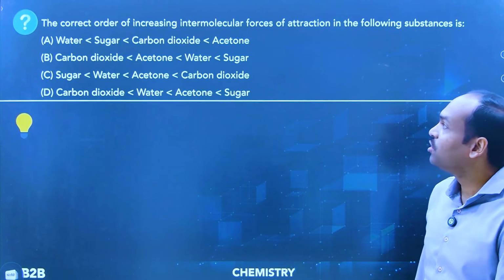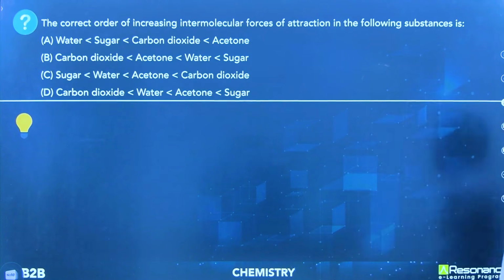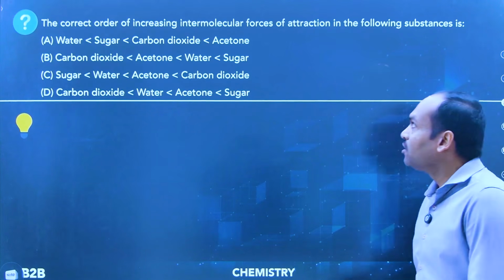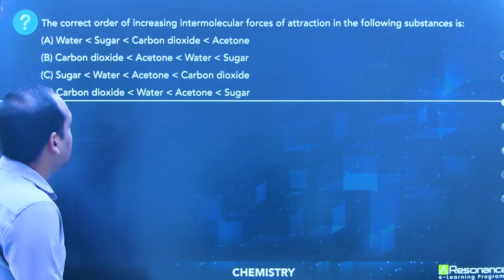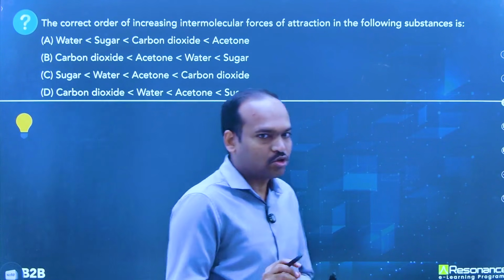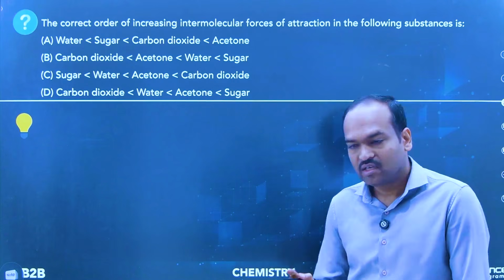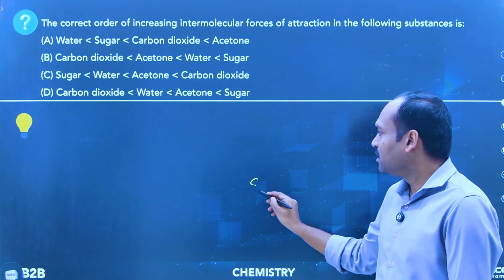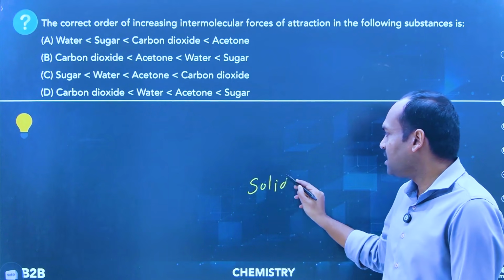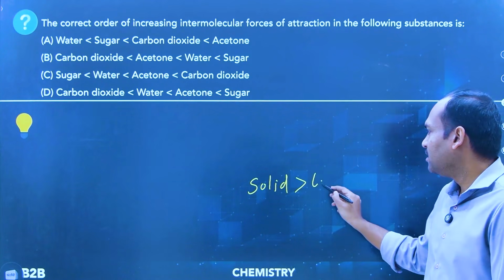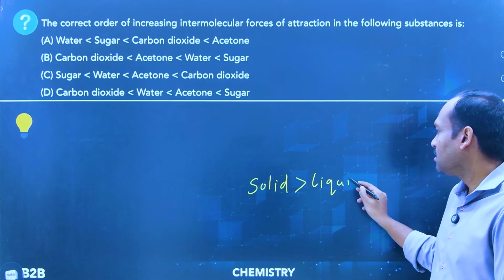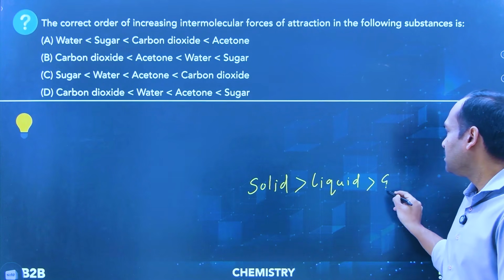Next, this is a good question. Try it. The correct order of increasing intermolecular forces of attraction in the following substances. If we compare solid, liquid, and gas, then solid has the highest intermolecular force of attraction, then liquid, then gas.